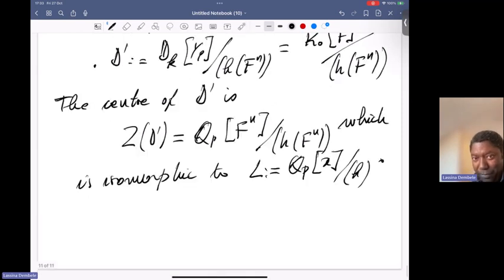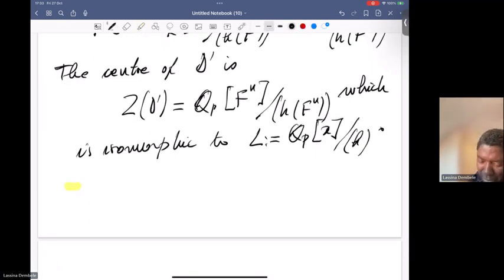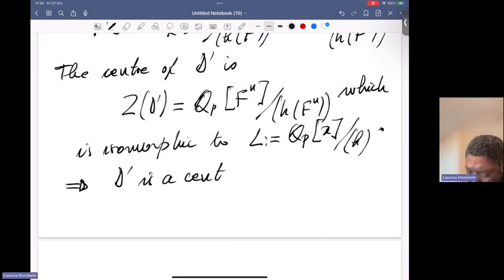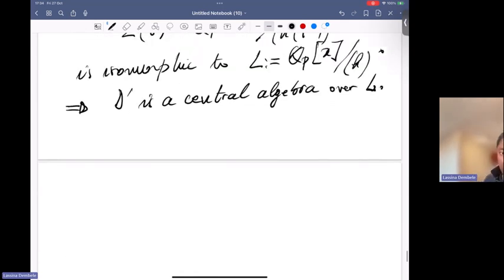So this means that we know that D prime is a central algebra over L. Okay, so that gives us essentially the first part, central, and now we need to show that it's simple.